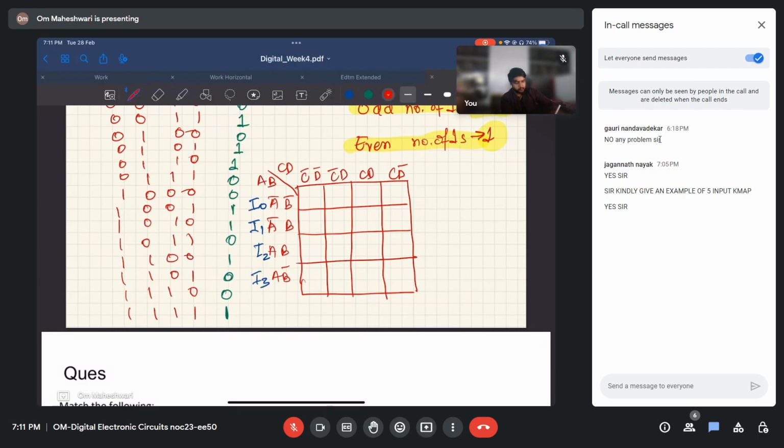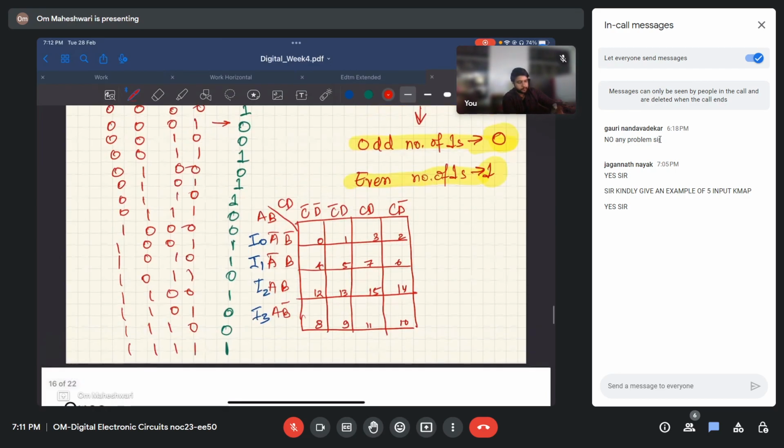Anyways, now let us fill it with numbers 0, 1, 2, 3, 4, 5, 6, 7, 8, 9, 10, 11, 12, 13, 14, 15. Now we just fill the ones.